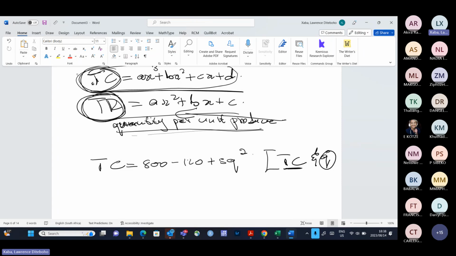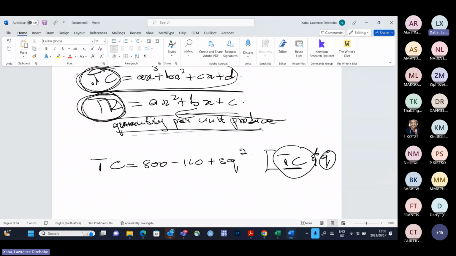The first thing that we are going to do, still, is find our turning point. For us to find our turning point, one, we have to calculate our Q. After finding our Q, we can use that Q to calculate total cost. And you'll have to do your graph based on the given information.